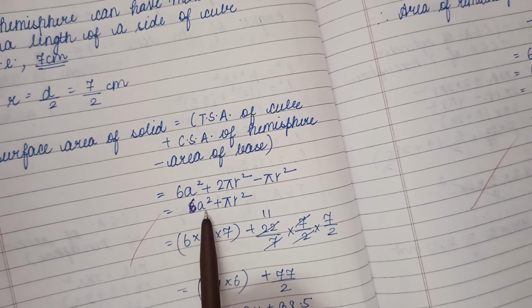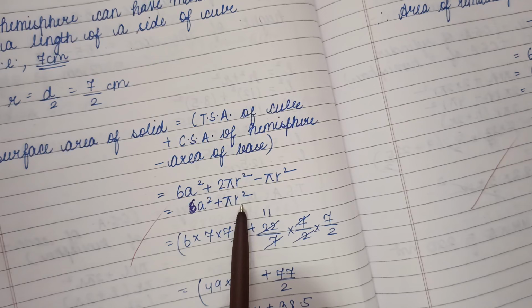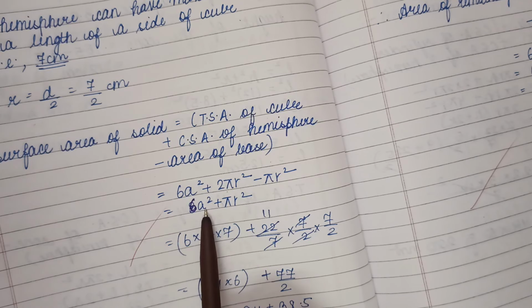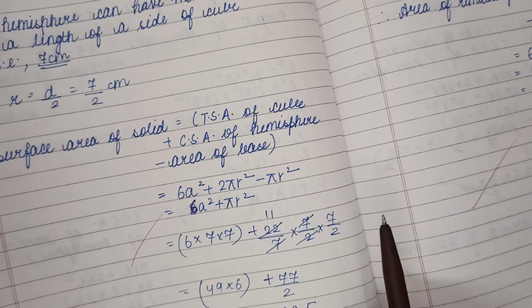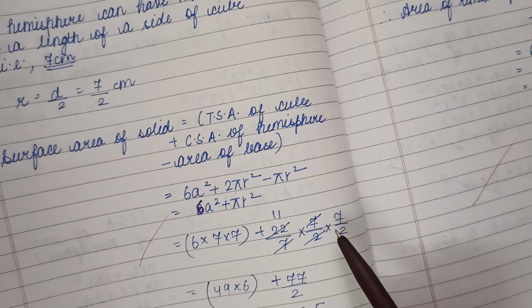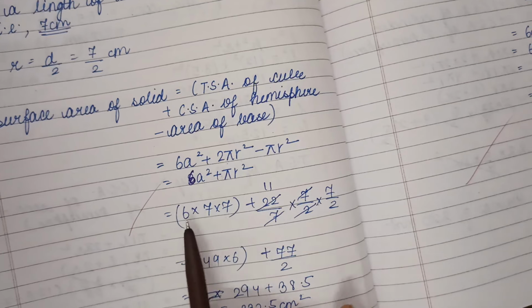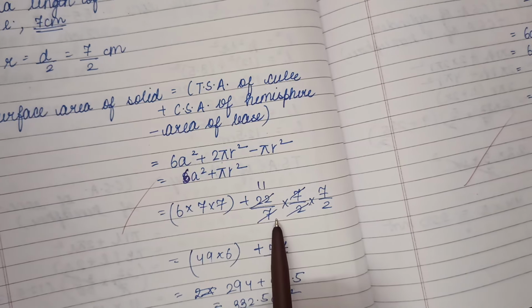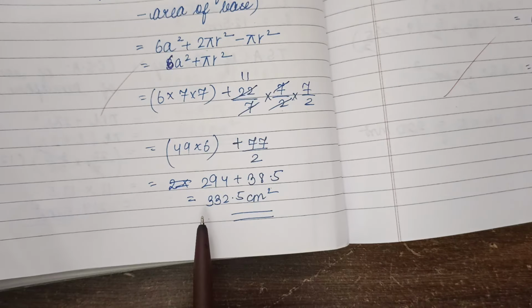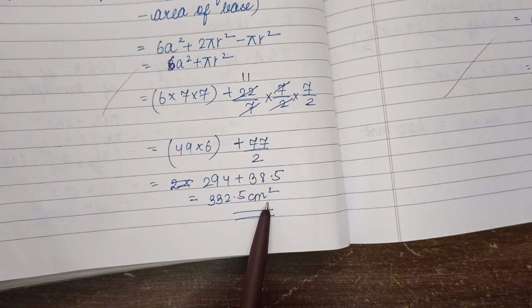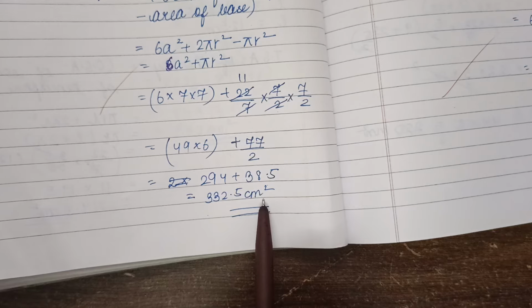So when you solve, it is 6a square plus pi r square, where a is 7 and r is 7 by 2. Just put it in the formula: 6 into 7 into 7 plus 22 by 7 into 7 by 2 into 7 by 2. When you solve, you will get it as 332.5 centimeter square.